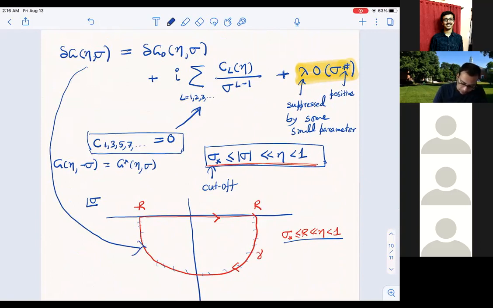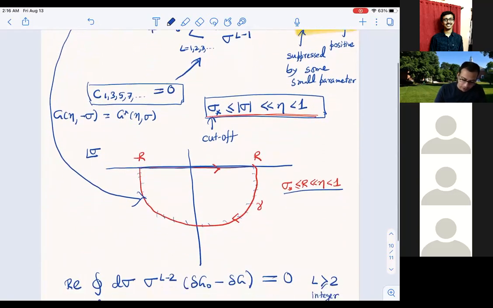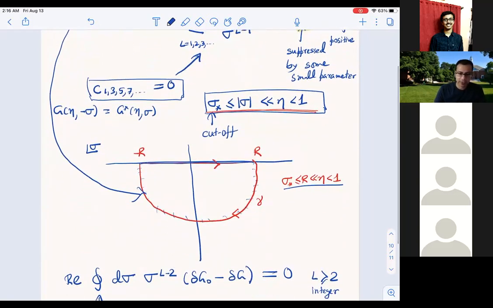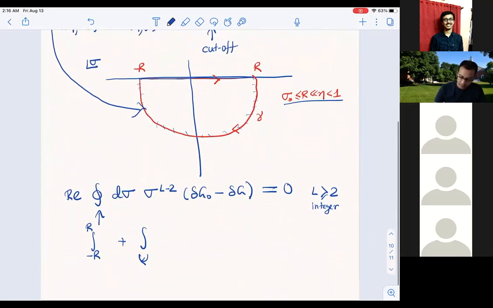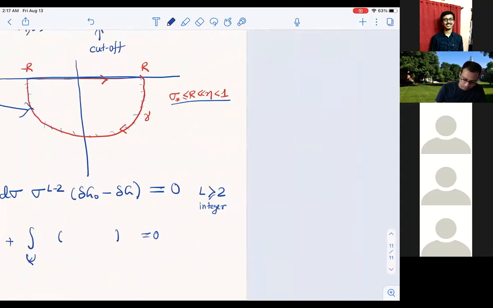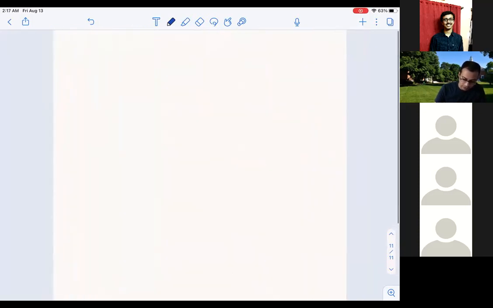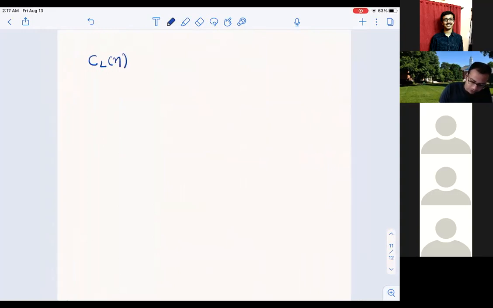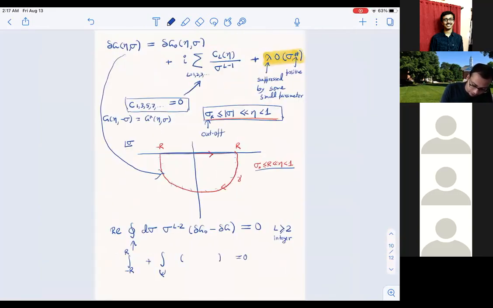And for the integral on the real line, or just below the real line, I don't know the exact correlator, but I have the positivity condition. So this gives me a very nice sum rule. So let me now just write down the sum rule. For C_L coefficients, where again the C_L coefficients are defined here.